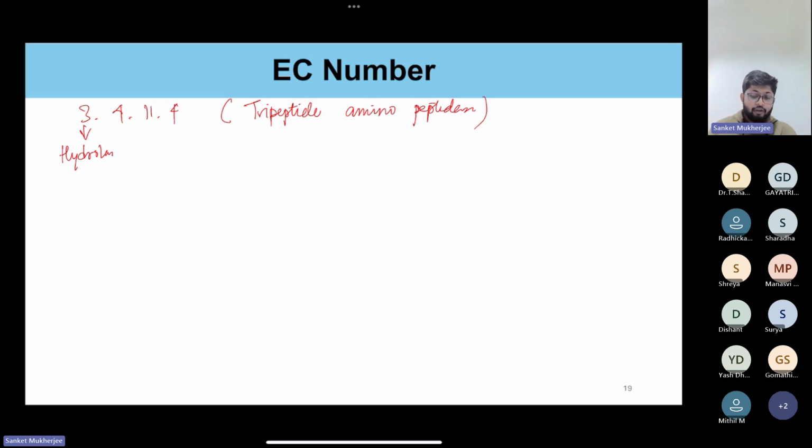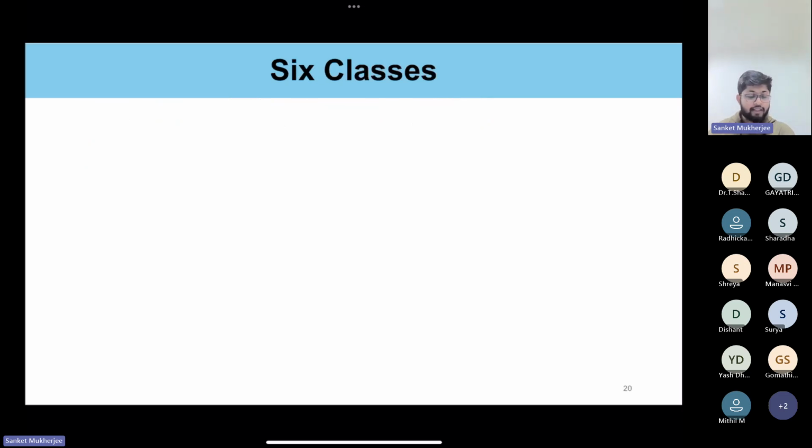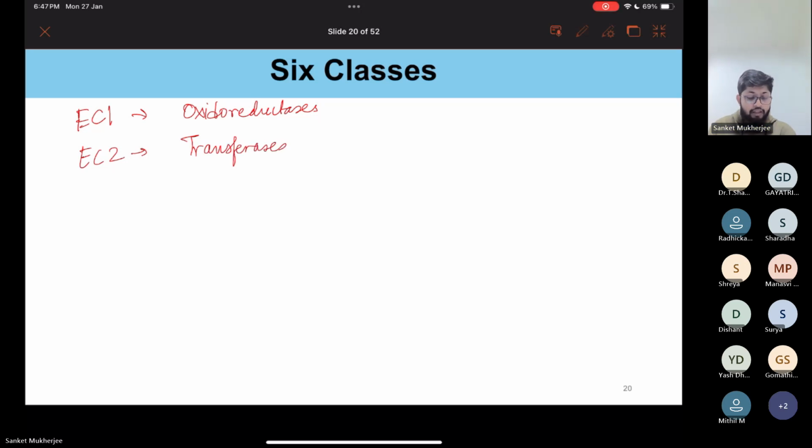Okay, so if we talk about the 6 classes, EC1, the first class, is oxidoreductase. EC2, the second class, is transferases. EC3, and mind you, these are based on the type of reaction that they catalyze, right, is hydrolases.